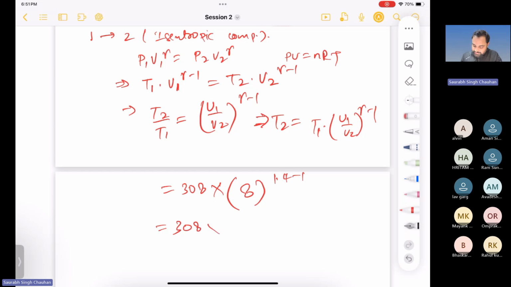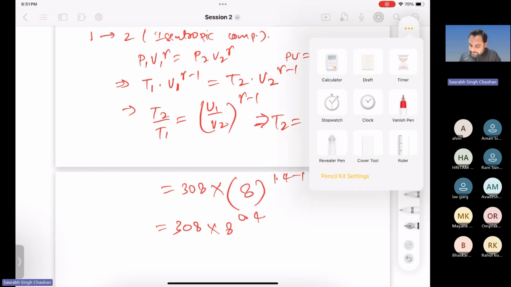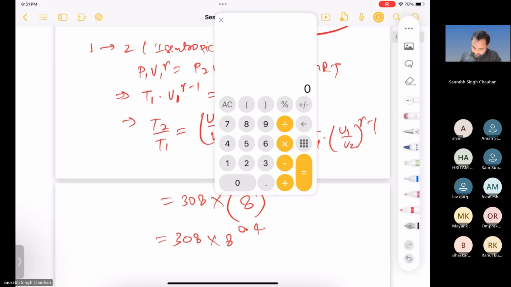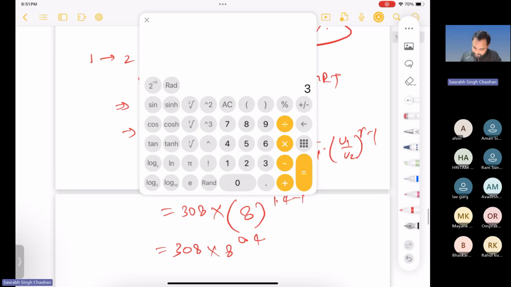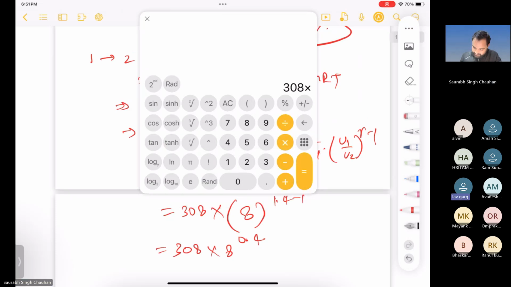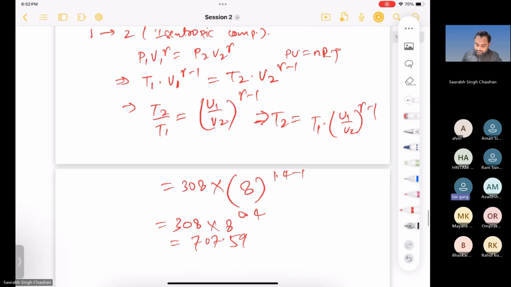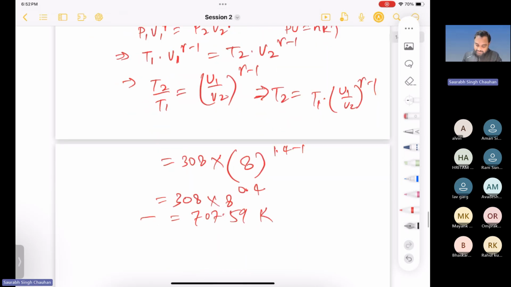So 308 times 8 to the power 0.4. 700 and something. Okay, we can use the calculator. It is 707.59. Let's cross check it. Yes, it's correct. So this is in Kelvin, and this is your T2.